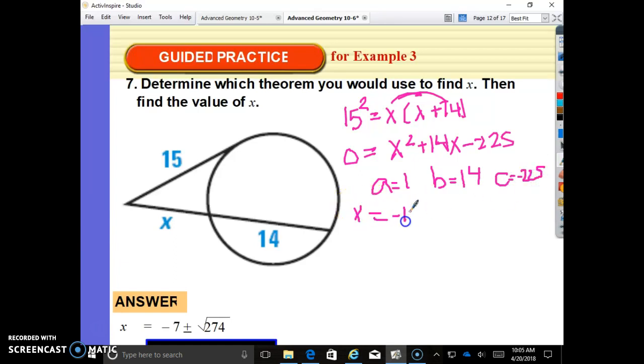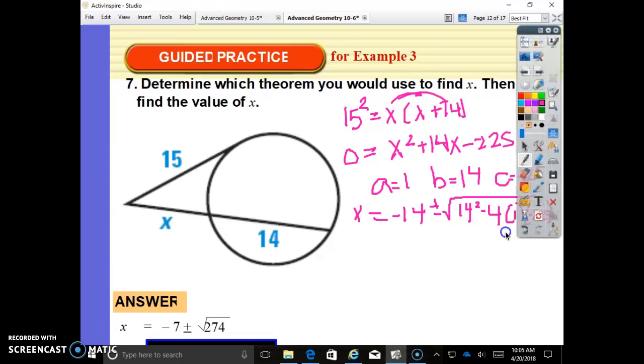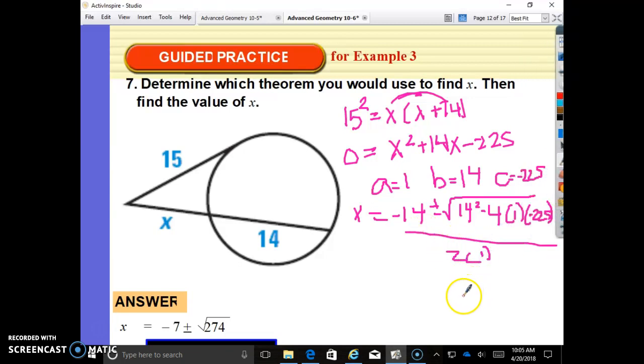X equals negative B plus or minus the square root of B squared minus 4AC all over 2A. So if you went and tried to factor this, you'd find out that nothing actually works for factoring. You can use quadratic formula from the start anytime that you want to, but when it doesn't factor, you have to.